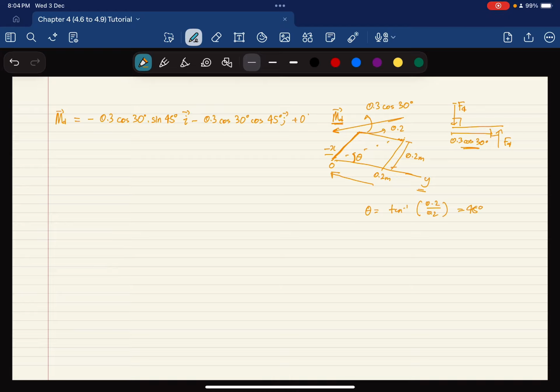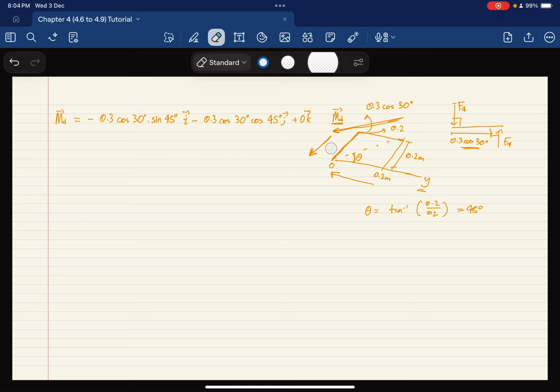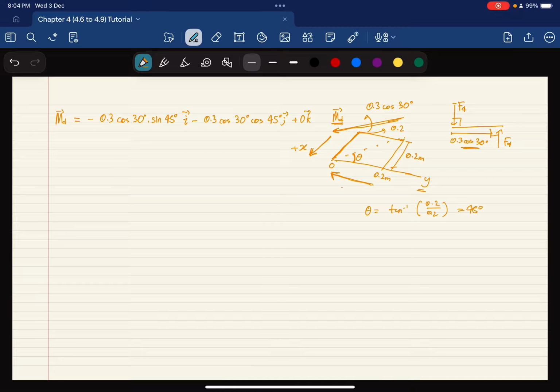And the k component is 0, because when you resolve this M4 vector into the x-axis, oh my bad, sorry, it's actually heading to the positive x-axis, it's not negative, my apologies. It will be positive x in this case, but it's going against the negative y-axis, that's why it becomes negative y. So you just reverse the signs, it becomes positive, it becomes negative.